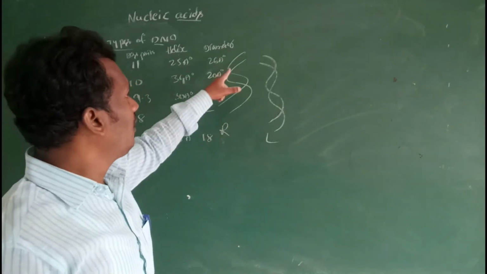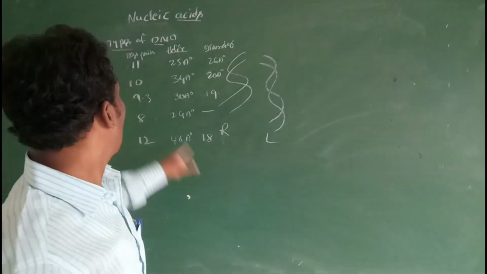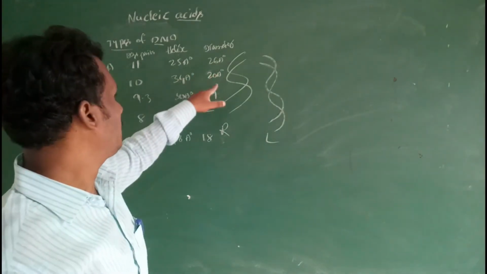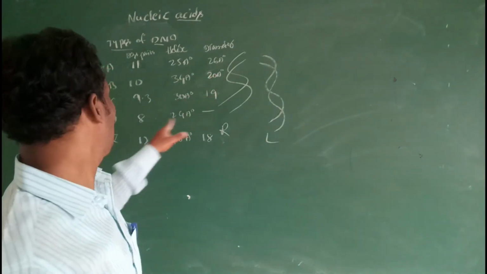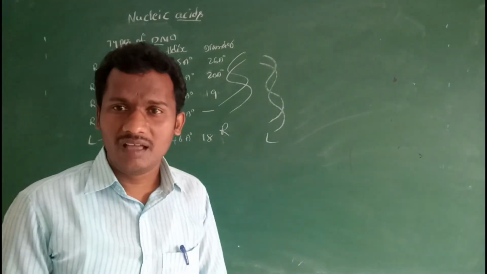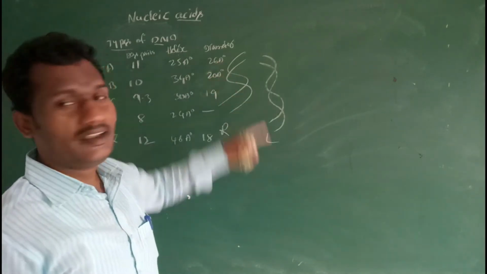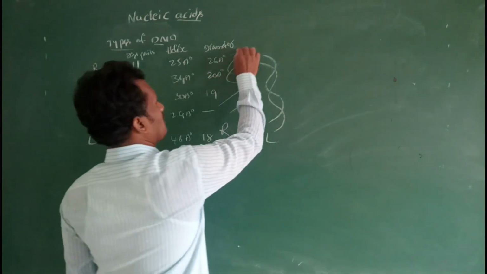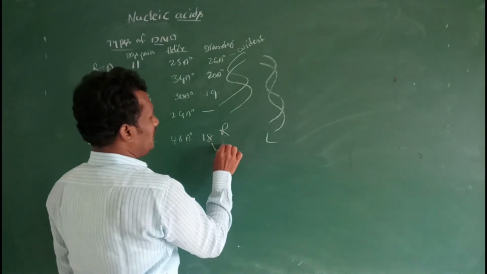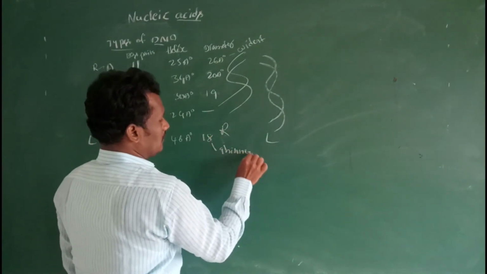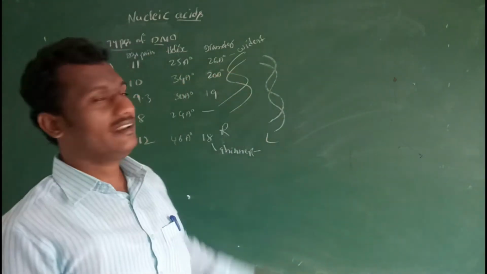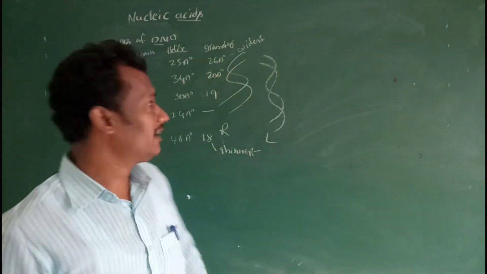Then the diameter, the width, of A DNA is 26 angstroms, B DNA 20 angstroms, C DNA 19, D DNA unknown, then Z DNA 18 angstroms. So A DNA is the widest, and Z DNA is the thinnest.